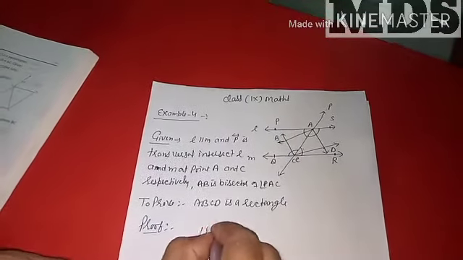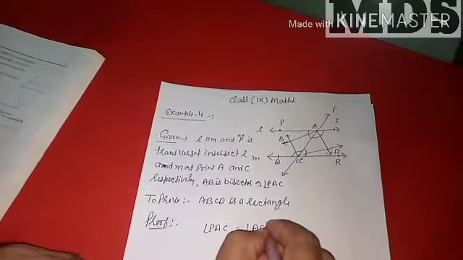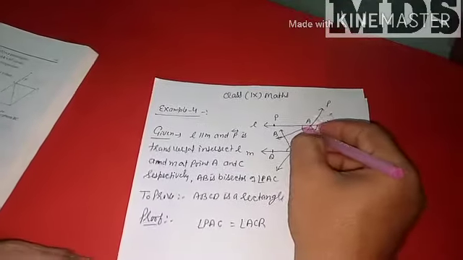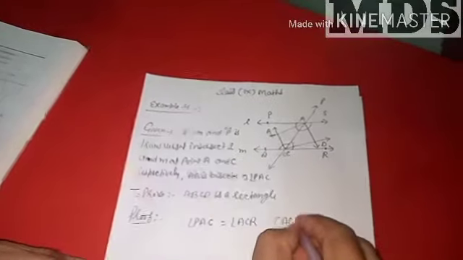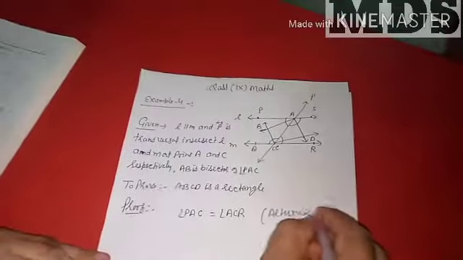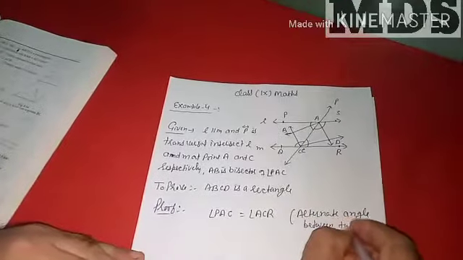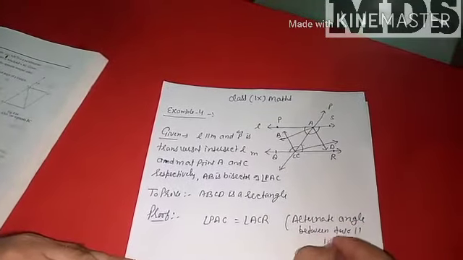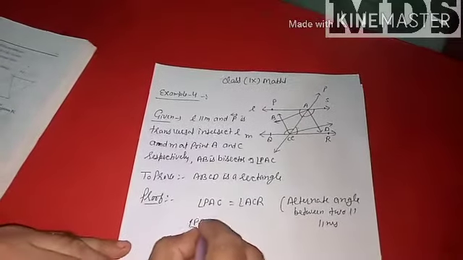Angle PAC is equal to angle ACR. This angle PAC is equal to this one, alternate angles between two parallel lines. And what's the half of this? Half is also equal.